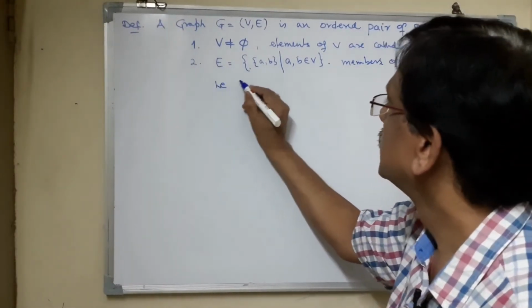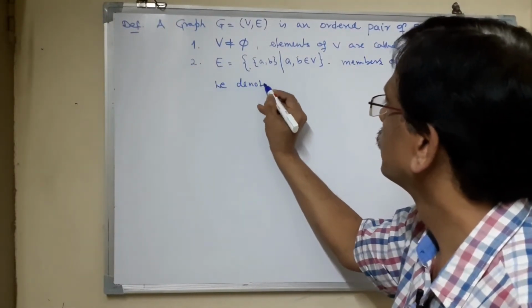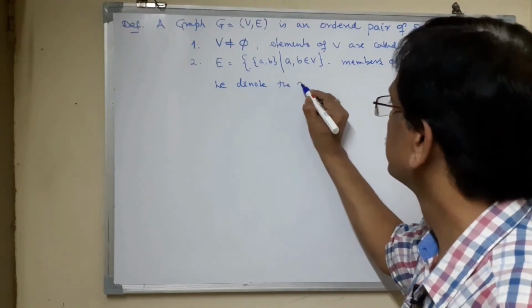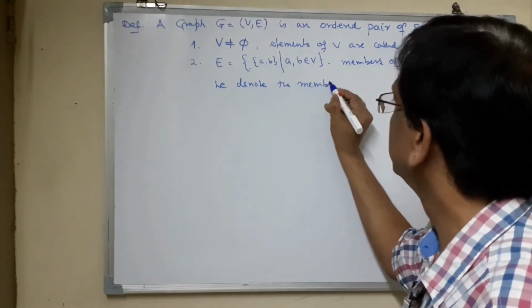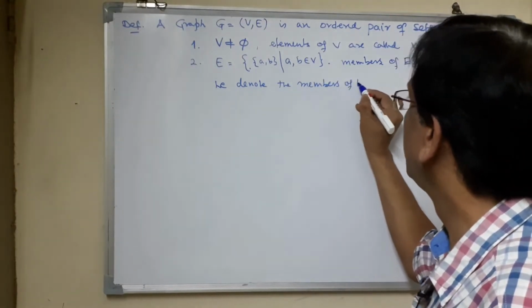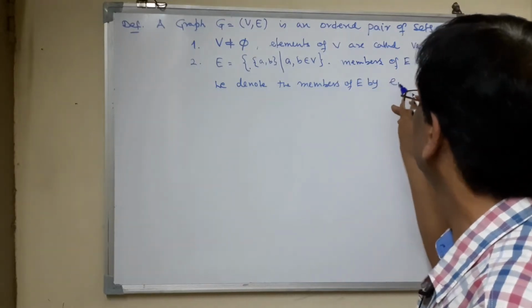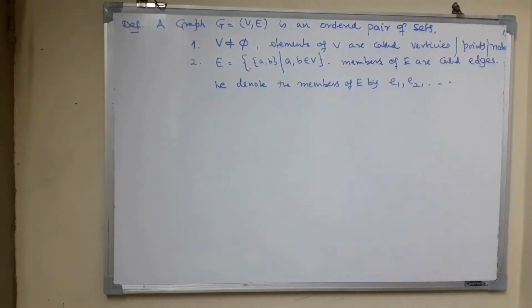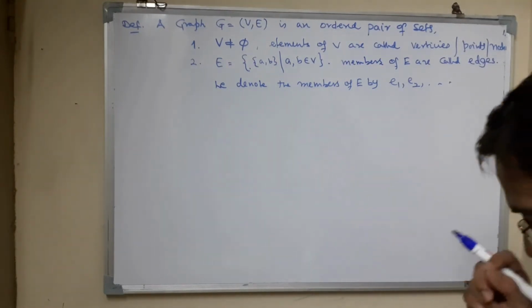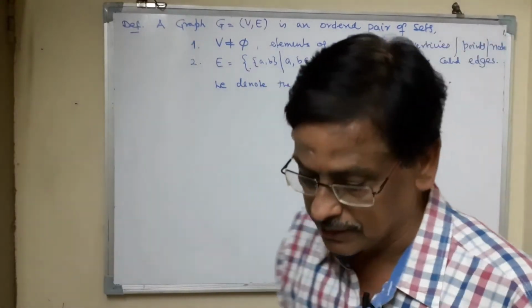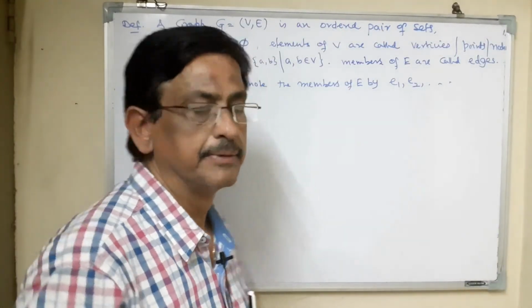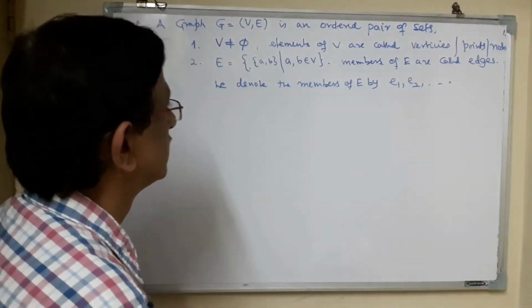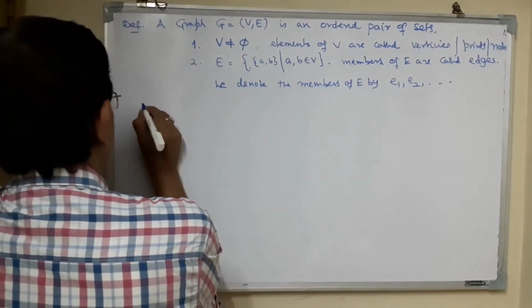We denote the members of E by e1, e2 and so on. So the basic principle for this is e is an edge. E is the set of edges. So I'll make a note.